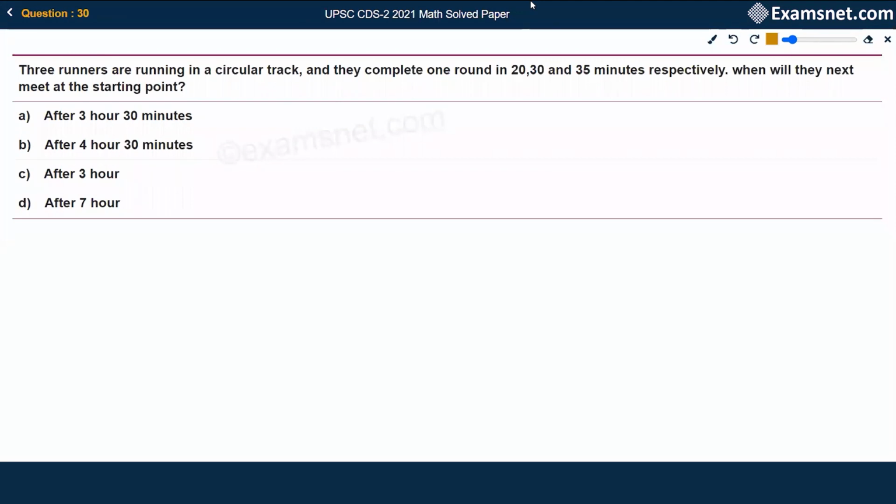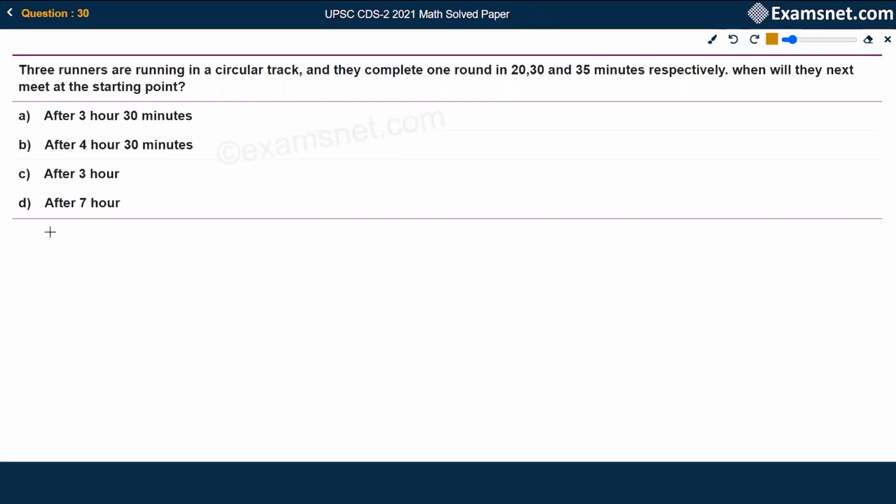In question number 30, it is given that 3 runners are running on a circular track and they complete one round in 20, 30 and 35 minutes respectively. When will they next meet at the starting point?